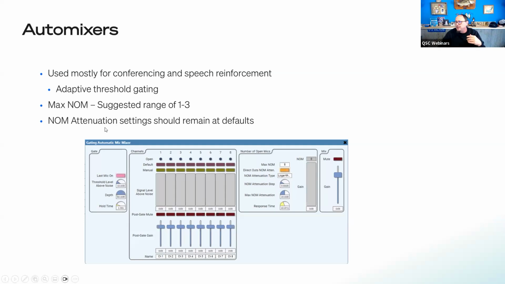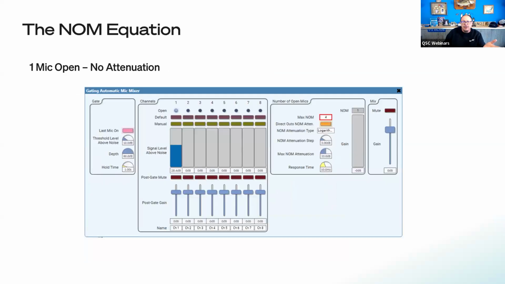Your NOM attenuation settings: some of this stuff, start with it at default. Go to the help file if you need to dial in when you should adjust some of those. We're not going to dive super deep into setting up auto mixers, but just know that that's what that one's for. So what happens here in the NOM equation? Everyone usually points out, well, hey, Dan, you have it set to 4.